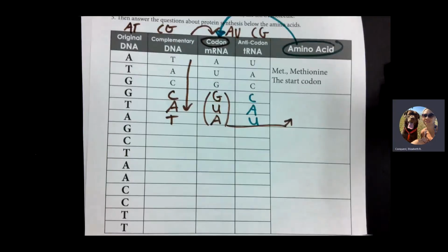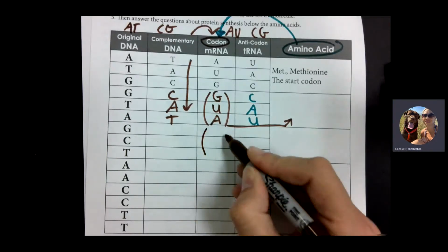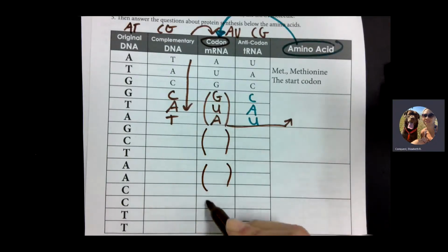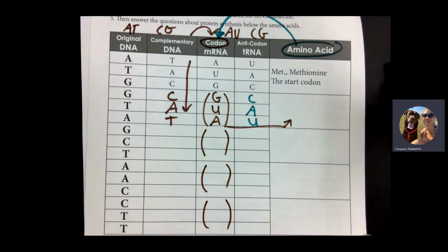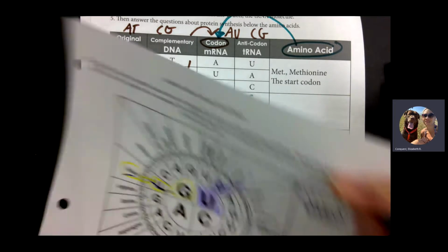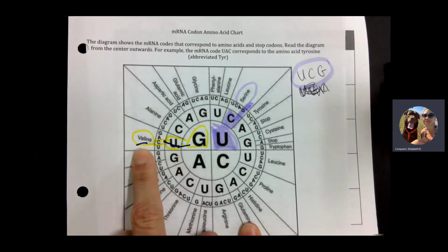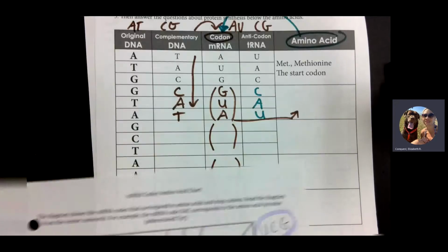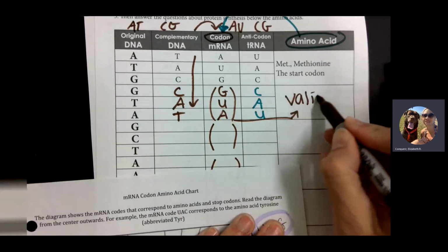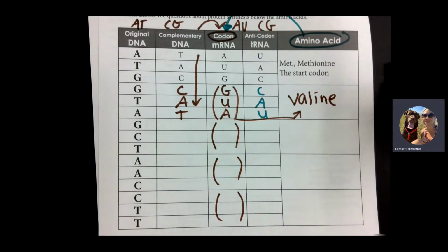As you go down, every 3 letters is a codon for the amino acid. So GUA is our first one. GUA means this one would be valine. All right, so there's one example. You're going to do the next 3 on your own.